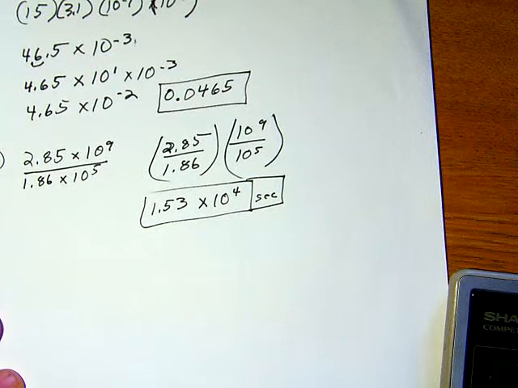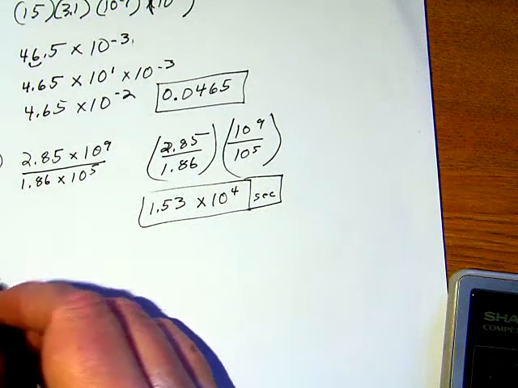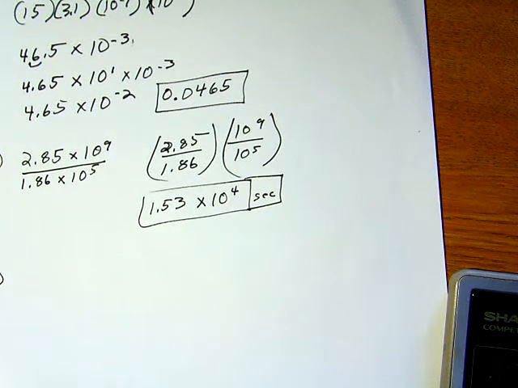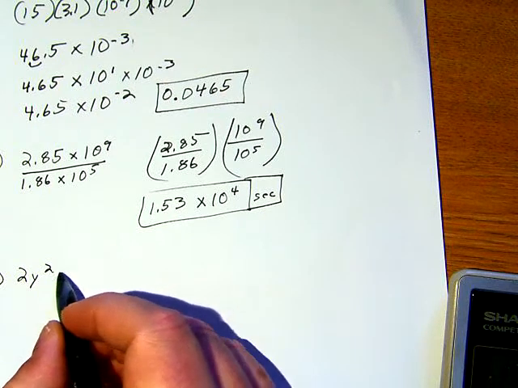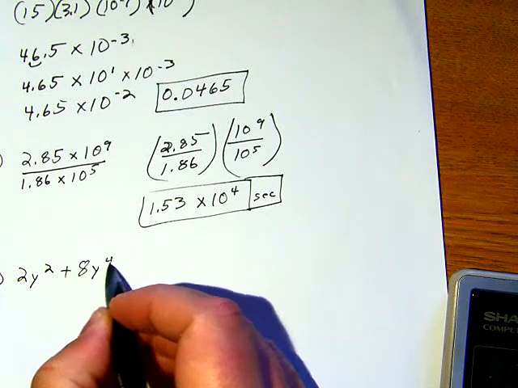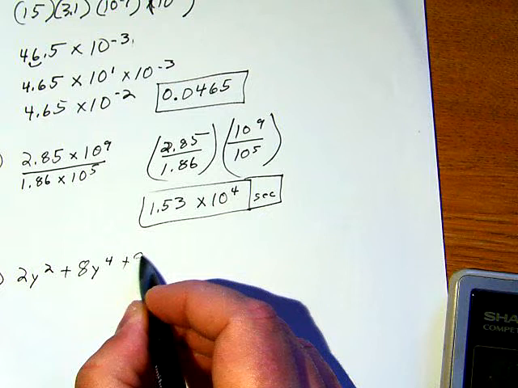Okay. Now let's try number 20. Find the degree of each polynomial, then arrange the terms so that the powers of y are in descending order. So here's our original problem: 2y squared plus 8y to the 4th plus 9y.